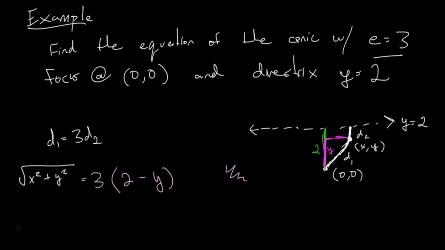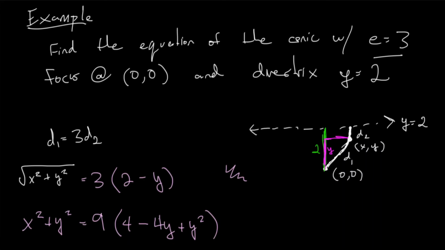So let's square both sides. We're going to get x squared plus y squared is equal to 9 times (4 minus 4y plus y squared). I'm going to take this equation to the next page.